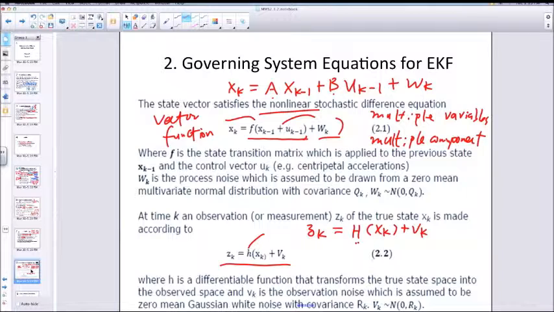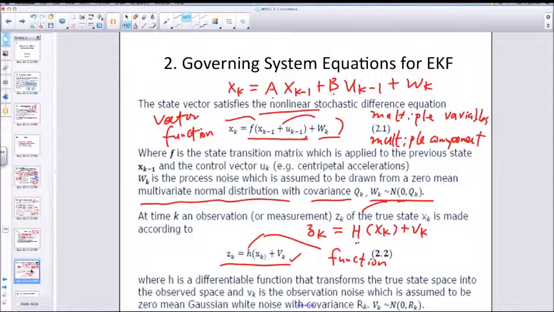And you have this matrix H. But if it's not linear, I again need to use a general function. So this is the difference. Other than this, of course, you all have this noise. The covariance is basically, I follow the multivariate normal distribution, and so it's here. So this is our math model.